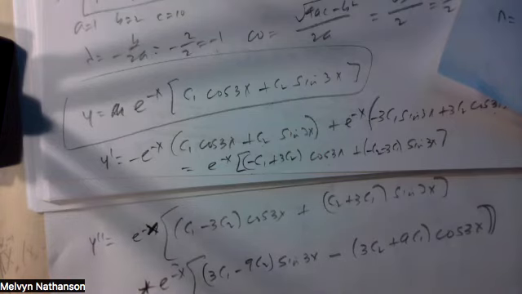So if I take y'' + 2y' + 10y, that's e^(-x) times this.